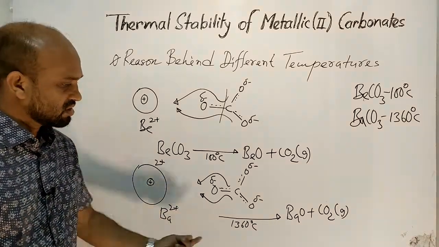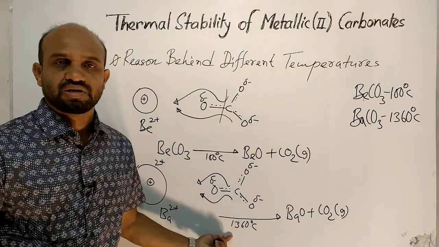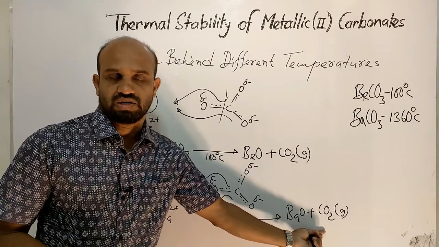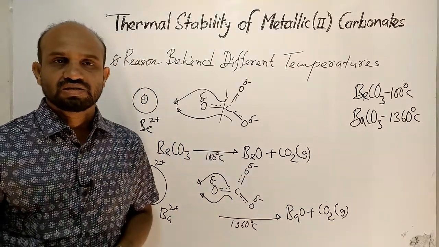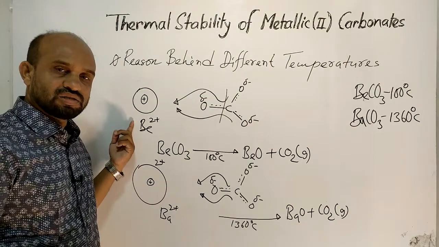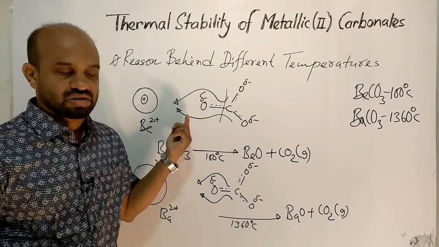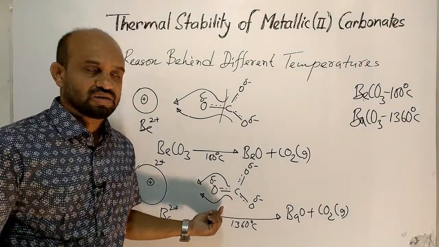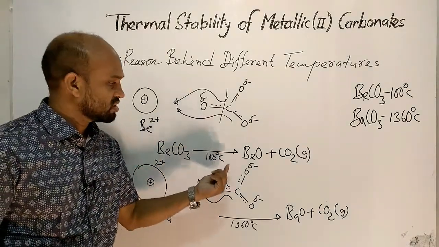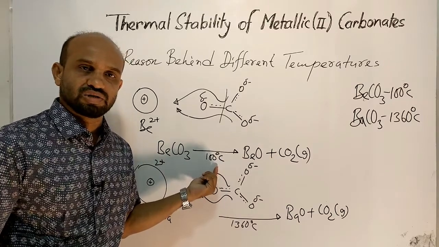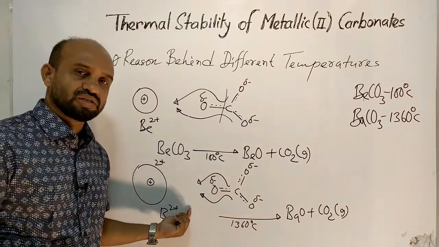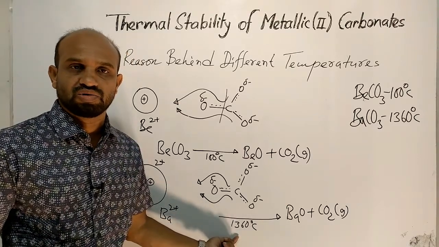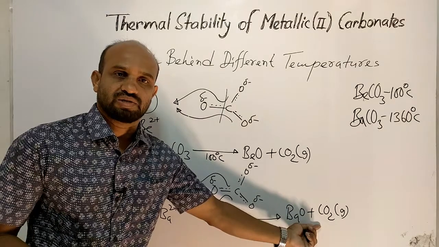As a result, here high temperature is required to produce carbon dioxide gas. So this is the reason, simply high charge density, more polarization, less heat is required; low charge density, less polarization, a high amount of heat is required to produce carbon dioxide.